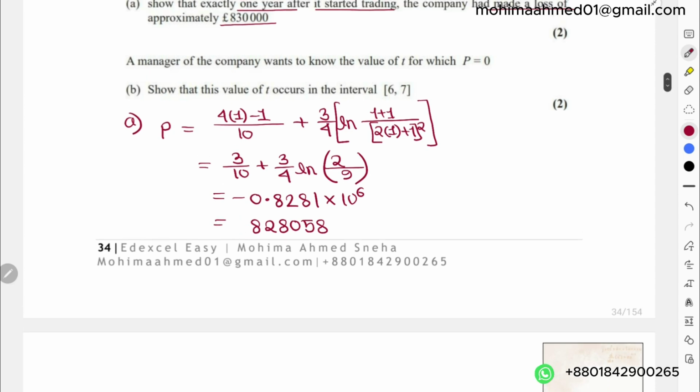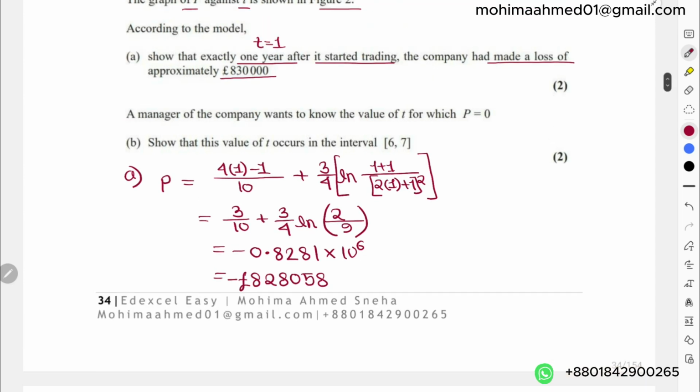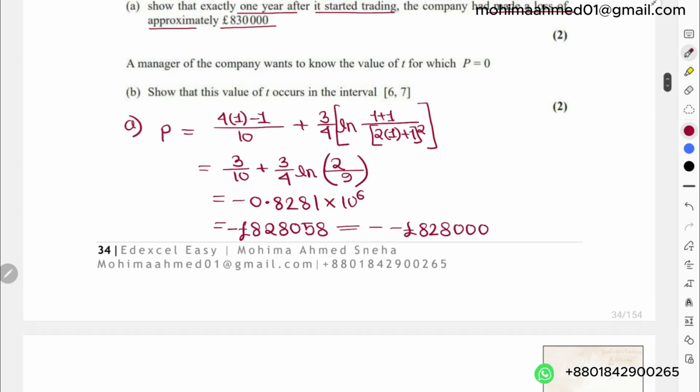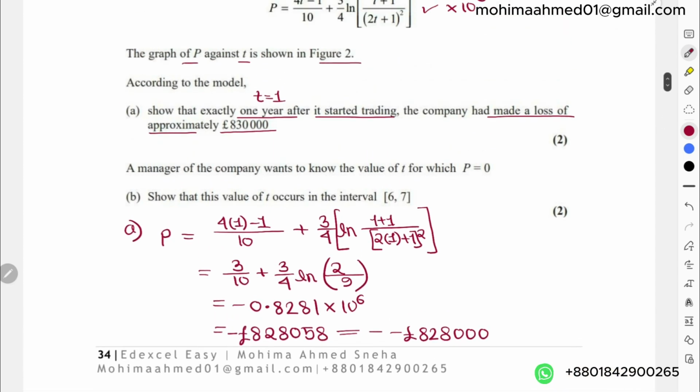This is a negative value, which indicates that this was a loss, and it is very close to 830,000. It was also stated that your answer should be approximately 830,000, not exactly. So we can roughly say that this is a loss of about 828,000 pounds. This is very close to 830,000, so they will accept it.